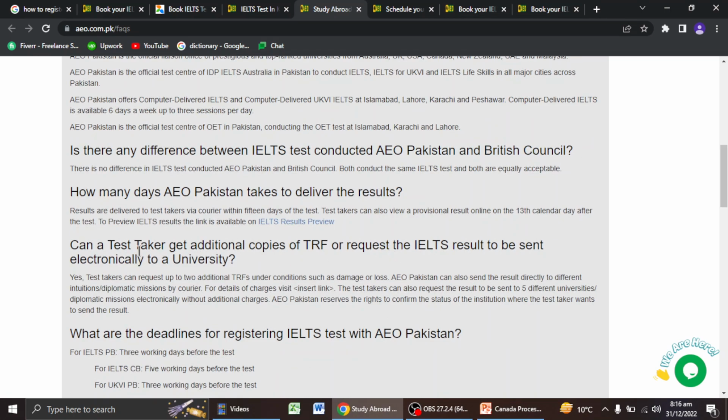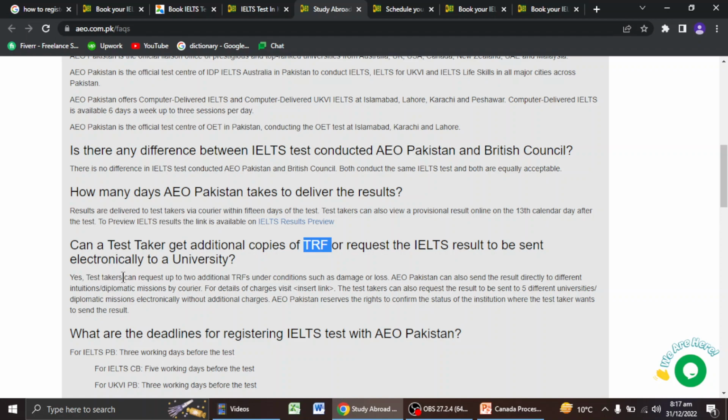Now, can a test taker get additional copies of TRF? TRF is basically your score report. I don't remember the full form of it. I'll let you know later on. I'm forgetting the full form of it, but these are the score reports, or the results that you get. Test Report Form, I think it's called, but I'm not really sure about it.